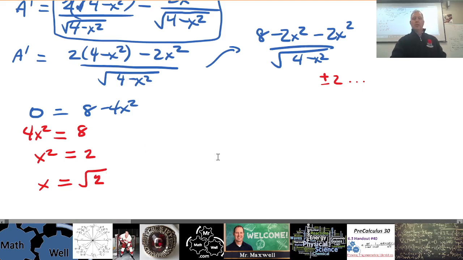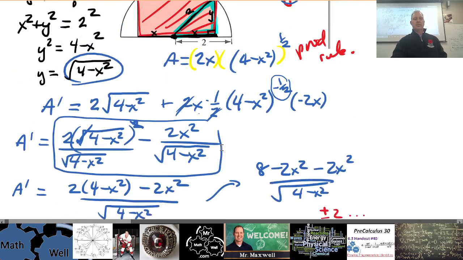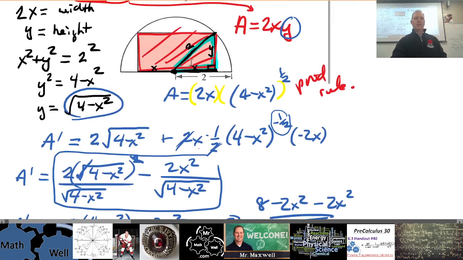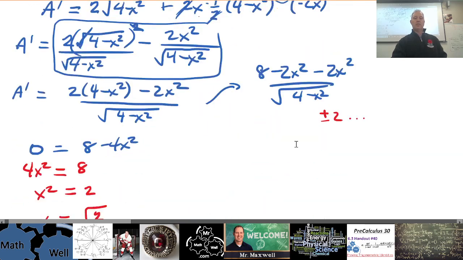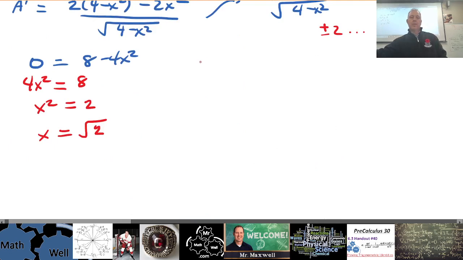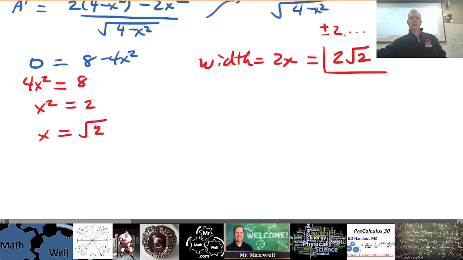All right. So what that means is that when x equals root 2, that's going to give us the largest area. I need to find my dimensions now that go along with that. So if x is root 2, the width is 2x, or 2 root 2. So the width is 2 root 2, and the length, y.